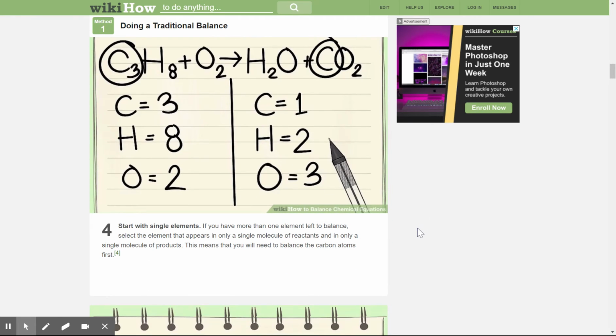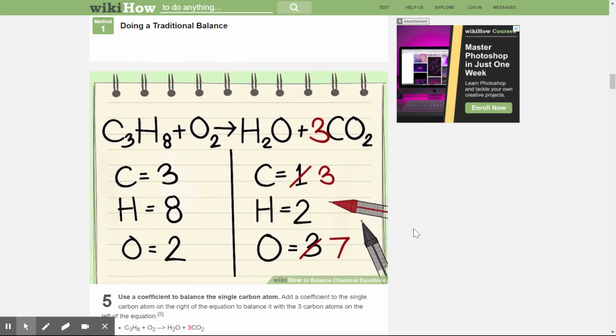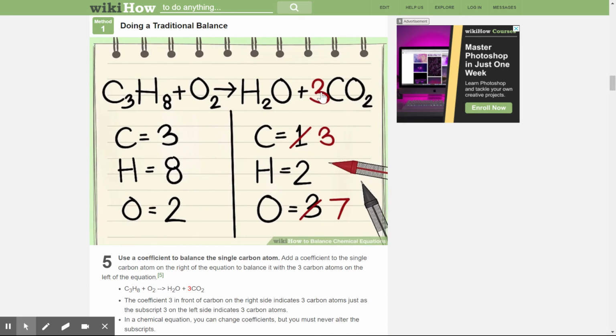You're going to end up with, here you can see, trying by multiplying with 3. You can see that will adjust the number of both carbon and oxygen.